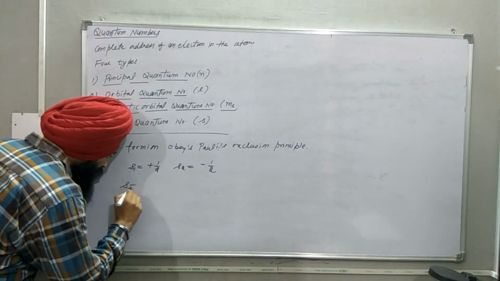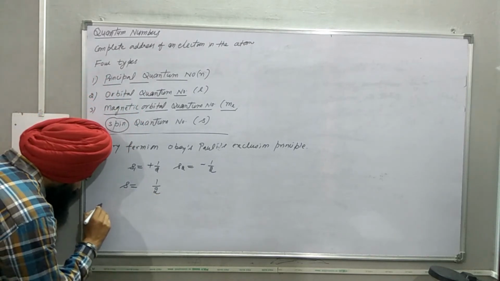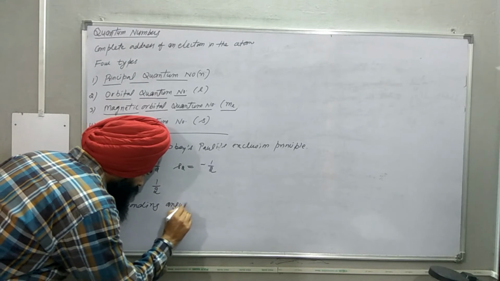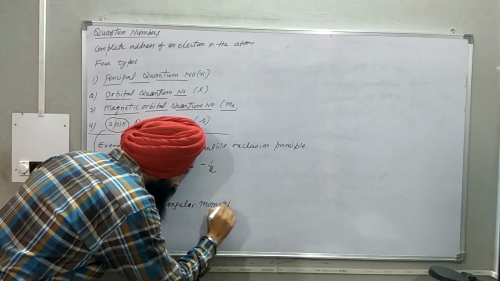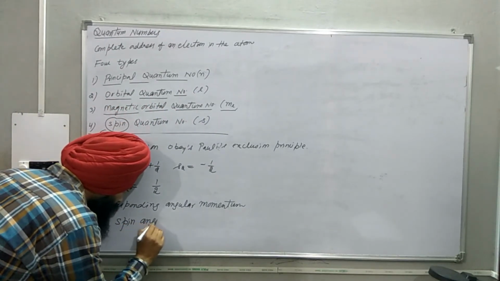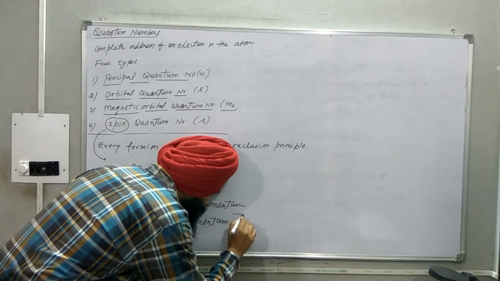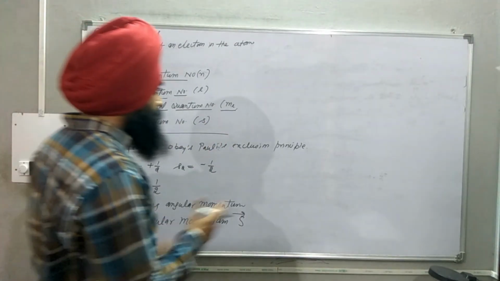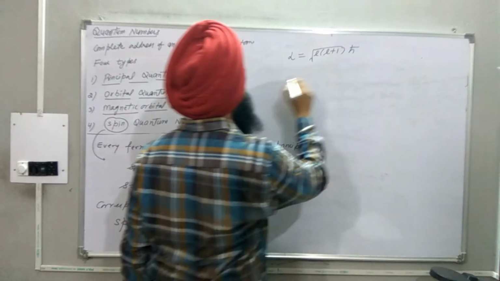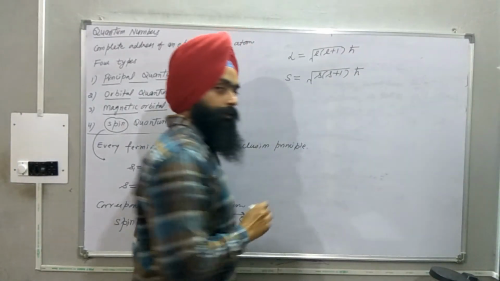In common we have s is equal to half, and the corresponding angular momentum is called spin angular momentum, which is represented by vector S. As we have L is equal to under root L into L plus 1 h cut, similarly we have S is equal to under root S into S plus 1 h cut.